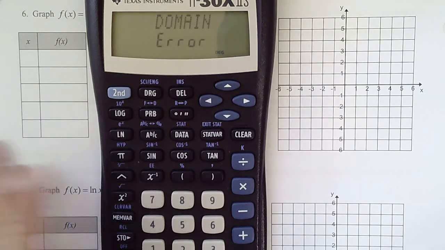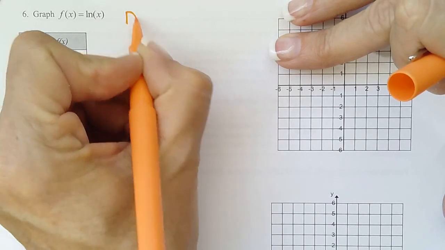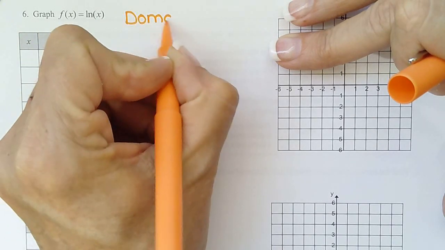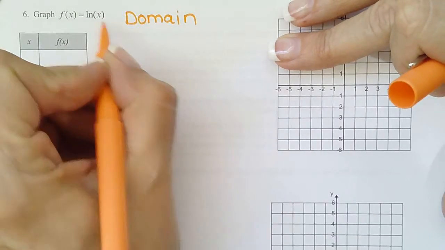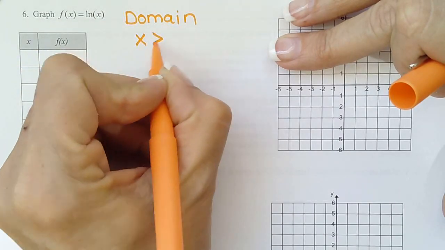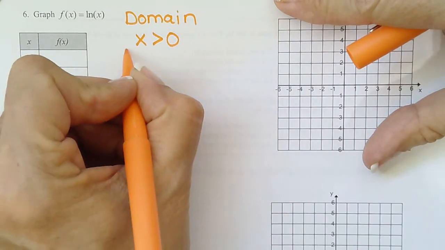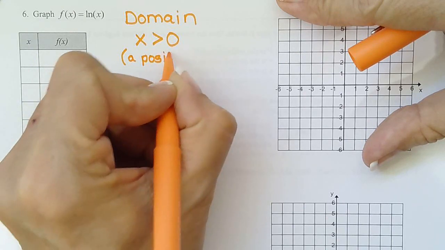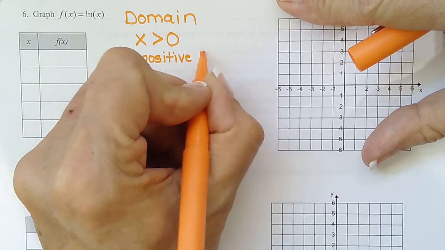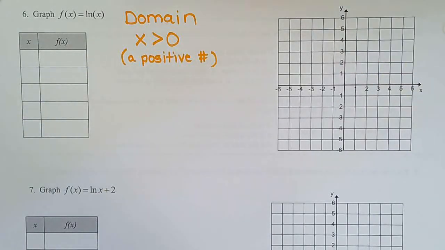That's it. So if they asked you for the domain, which I do ask you for on the final exam, and it's good to do it before you graph a problem, it's whatever the argument is must be greater than 0. That's another way of saying a positive number. Greater than 0 means it's going to be a positive number. So that's the mathematical way to state that the argument must be a positive number.